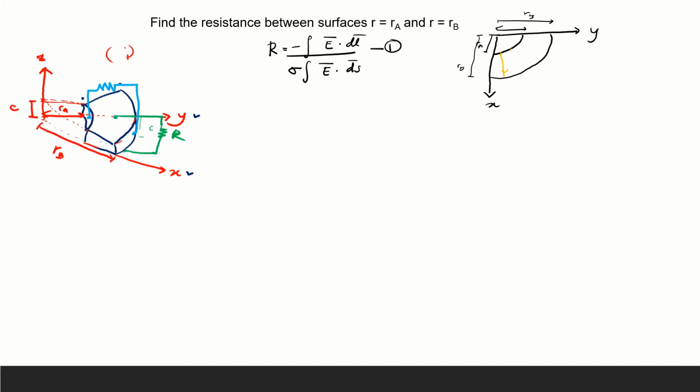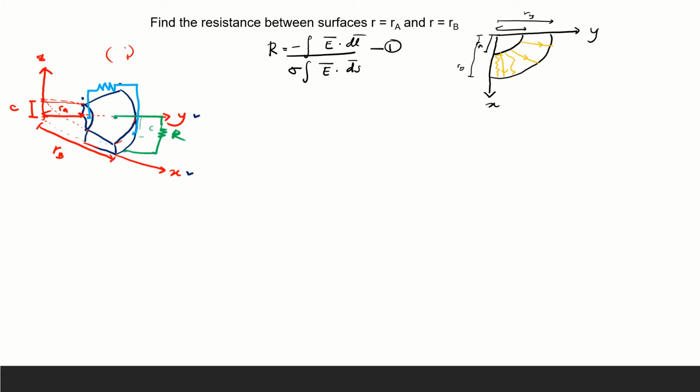The electric field can flow in any pattern. It can flow like this, it can flow like this, it can flow in a straight line. There are lots of patterns for electric field to flow.